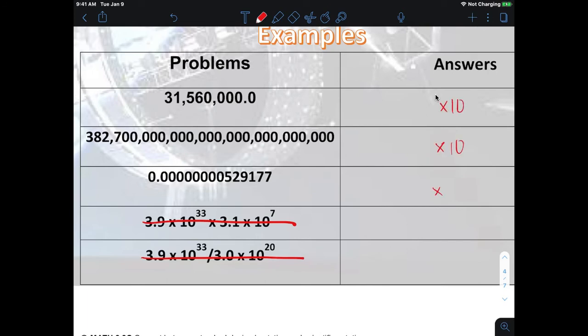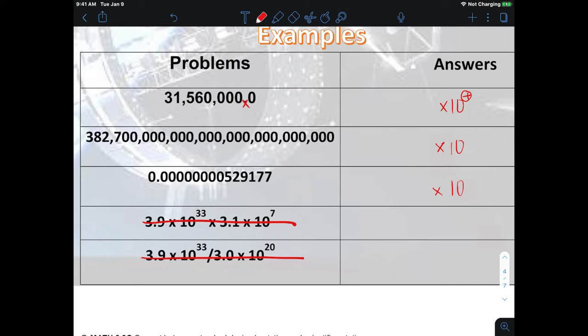All of these are going to be times 10 to the power of something. Because this one is large, it's 10 to the power of something positive. Let's look at this one. First I'm going to locate my decimal point. Now I'm going to figure out where I can move my decimal in between two other numbers that would give me a number that is greater than 1 but less than 10.